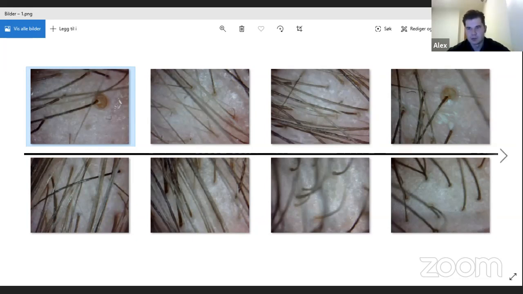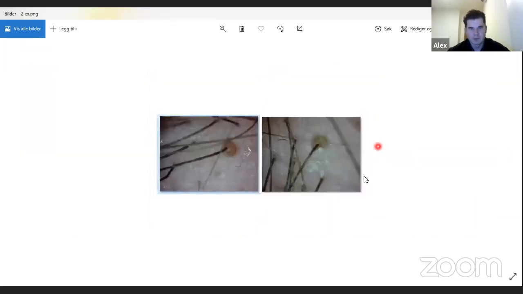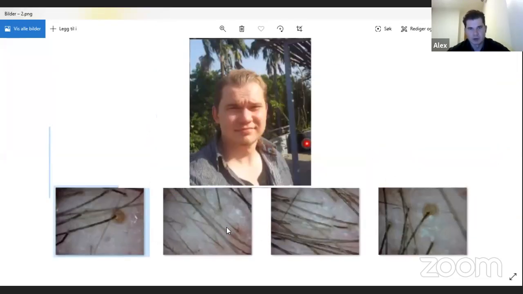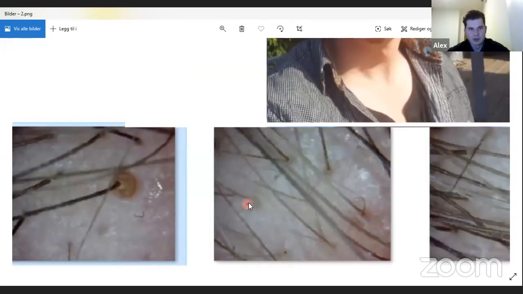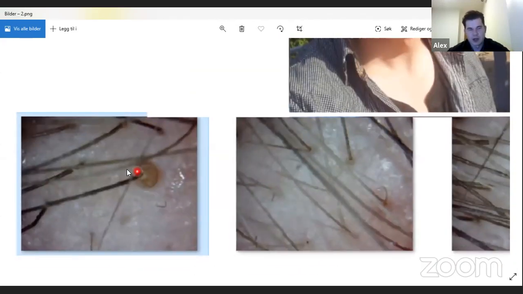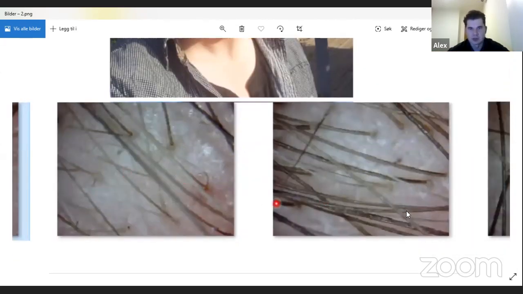Next one. This one I want to show you is when I had my hair at this stage, and this is how my scalp looked at that time. If we zoom in, you can see, guys, that there are a lot of problems going on. I had sebum buildup, oiliness on my scalp, and redness.